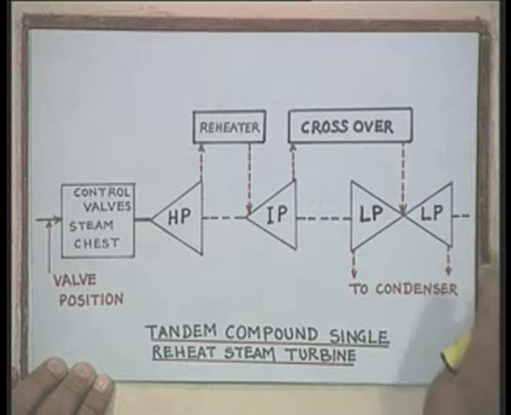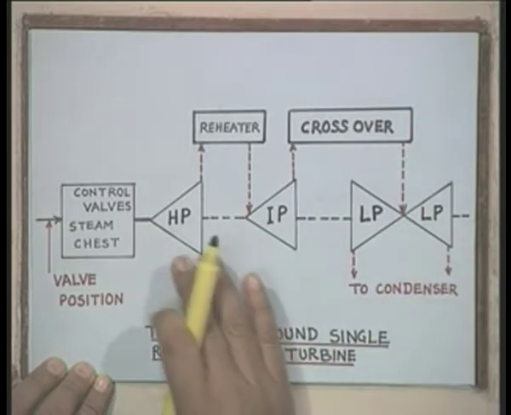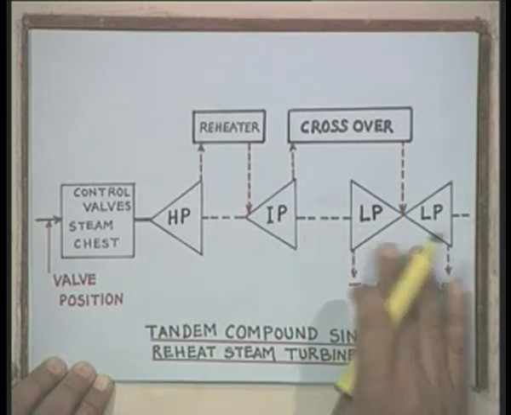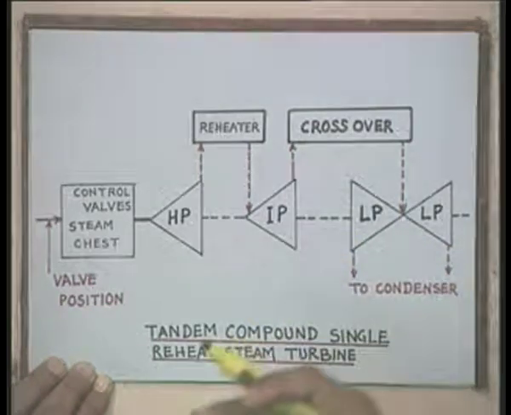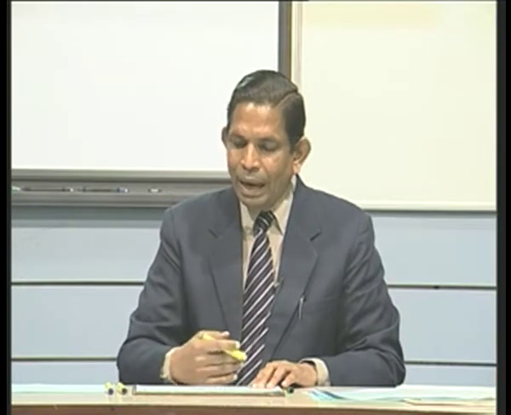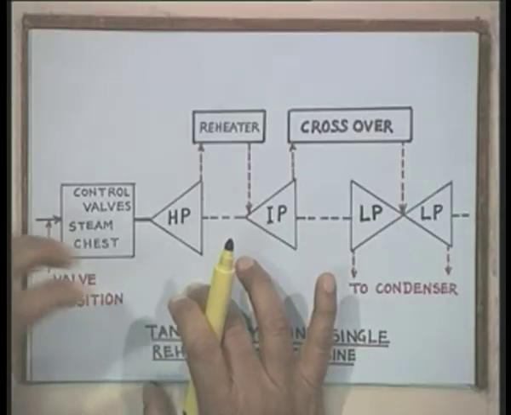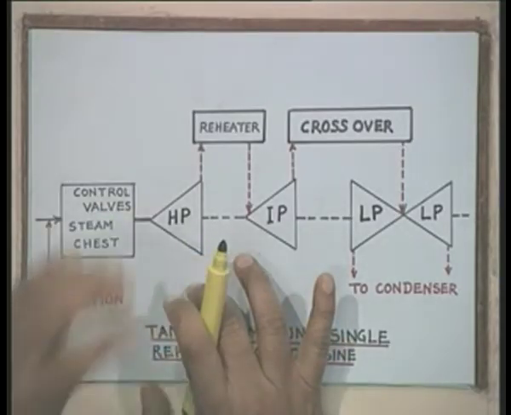Sometimes we have other configurations which are called compound configurations. Here you will find that all these sections are mounted on the same shaft, that is high pressure, intermediate pressure, low pressure and then generator. But in the compound type of steam turbines, they have two shafts, but both these turbine sections are controlled simultaneously, they are not independent.